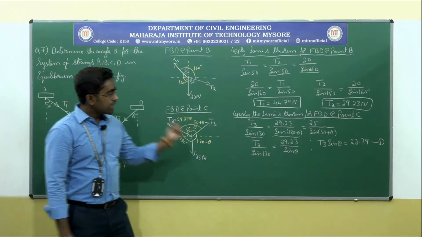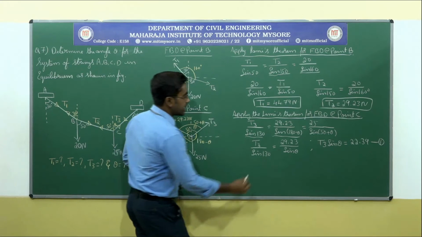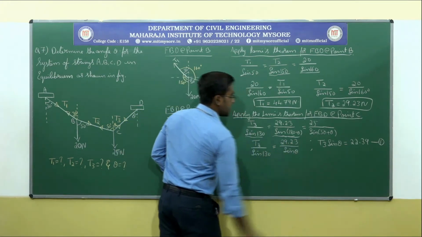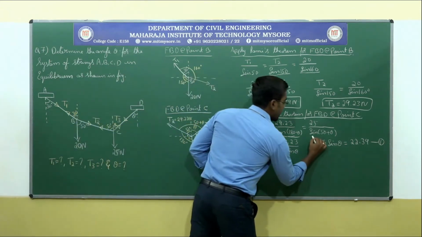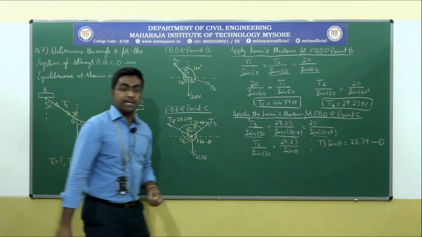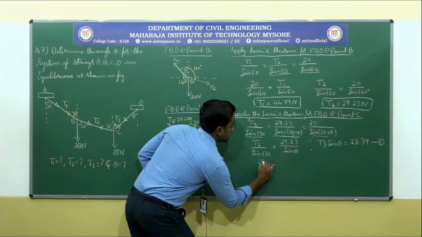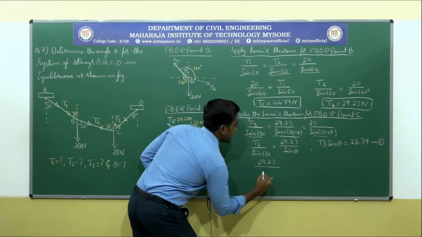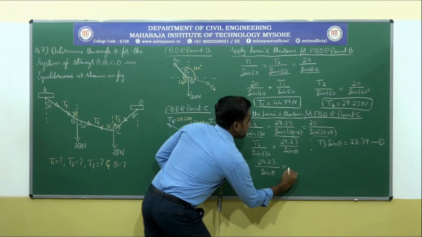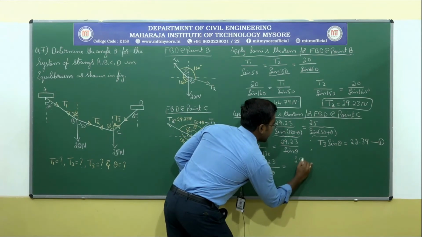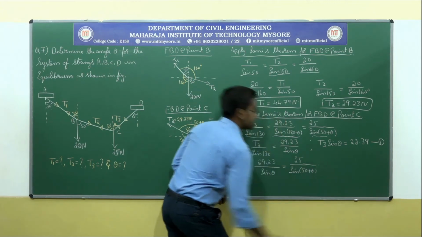Now let me equate another two terms. Now I am going to equate these two terms, that is 29.23 divided by sine of 180 minus theta and 25 divided by sine of 50 plus theta, right? Let me equate these two terms now. So that is 29.23 divided by sine of 180 minus theta, which is sine theta, will be equal to 25 divided by sine of 50 plus theta.